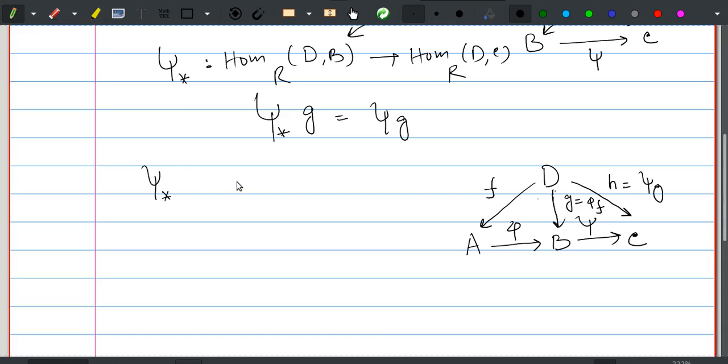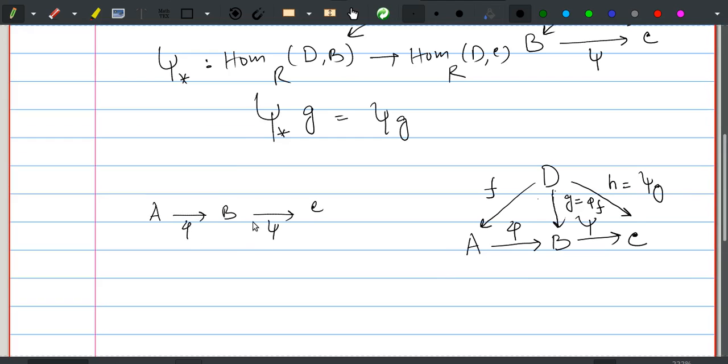So from this what we get is a sequence like this, A to B and B to C, with map phi and map psi.